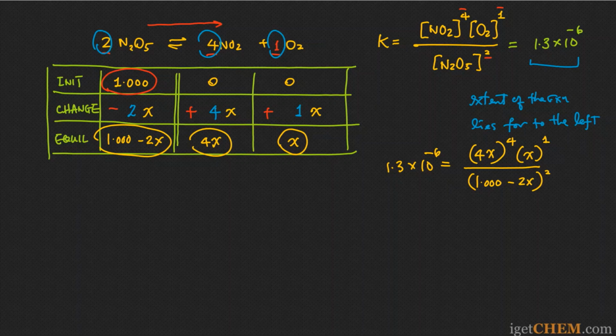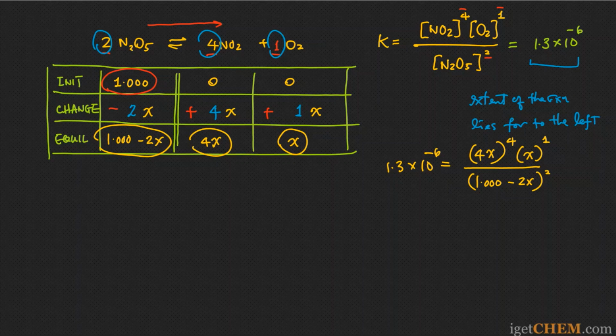At this point, I like to remind my students to make sure that you have the exponents correctly written in the equilibrium expression, as well as the correct coefficients in front of x, because they appear several times. It's easy to miss some of them very often.